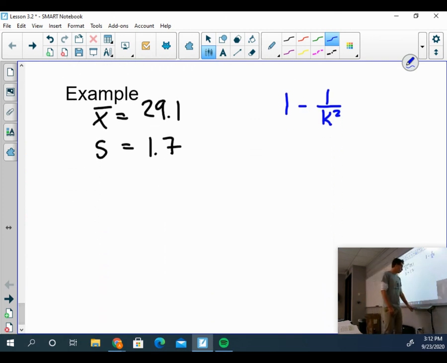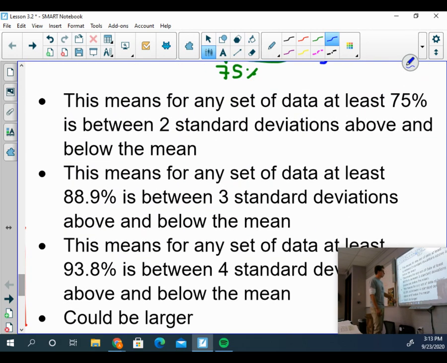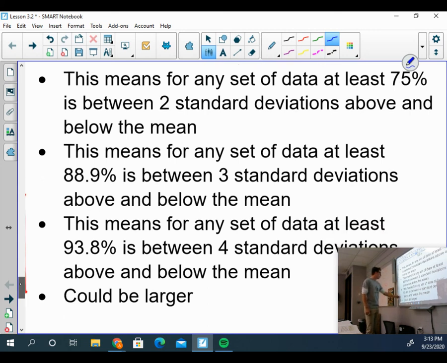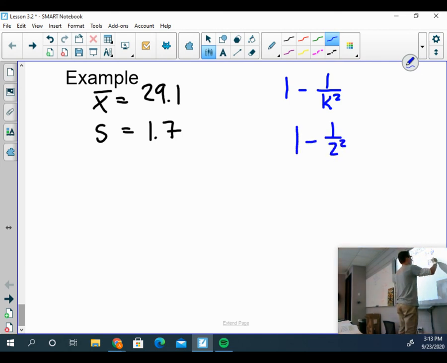So what are we going to do here? Well, we saw earlier that when you use 2, for any set of data, at least 75% is between 2 standard deviations above and below the mean. So if k is 2 standard deviations, we get 3/4 or 75%.